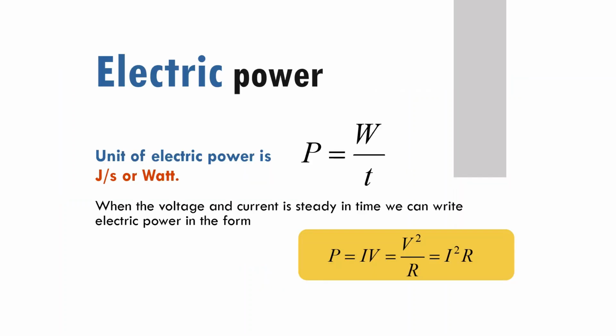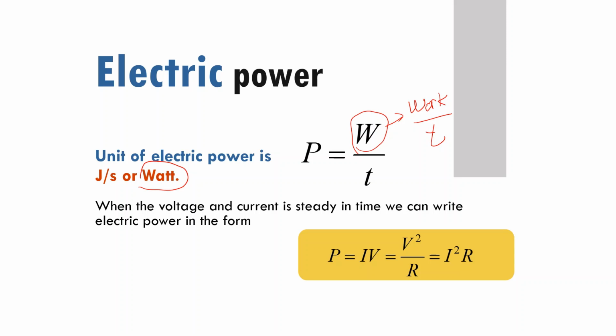Okay, the electrical power, P, where does the unit come from? P equals W over t. W is the work that the electric equipment does, divided by time.